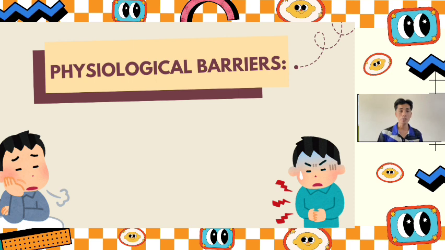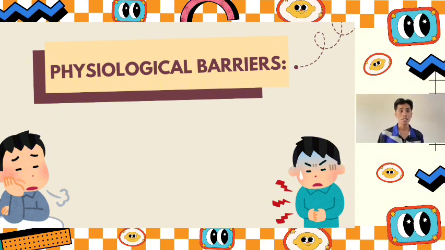Now, let's move on to another type of barrier, which is called physiological barriers. So, physiological barriers are barriers related to the listener's physical state or health. So they directly impact the listener's ability to process auditory information.